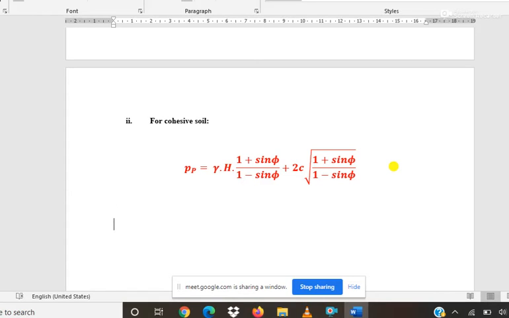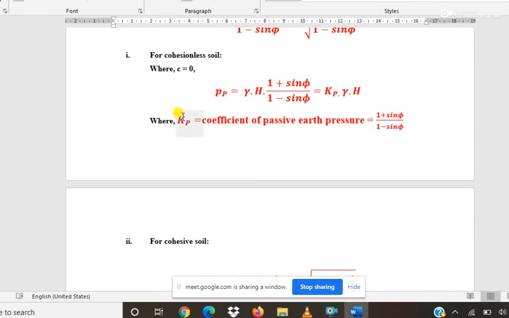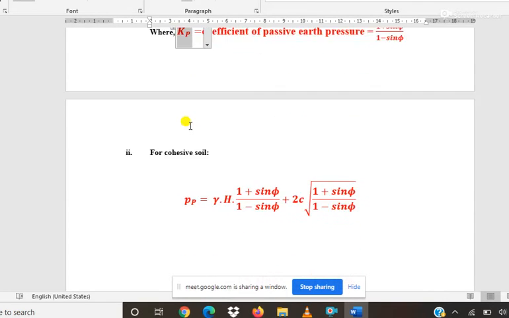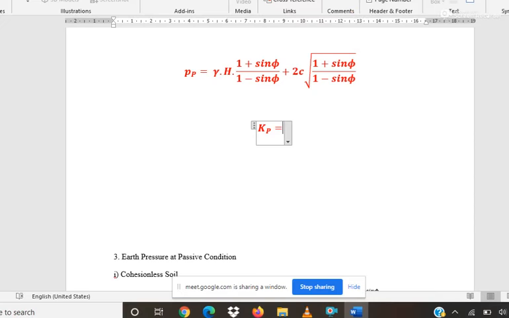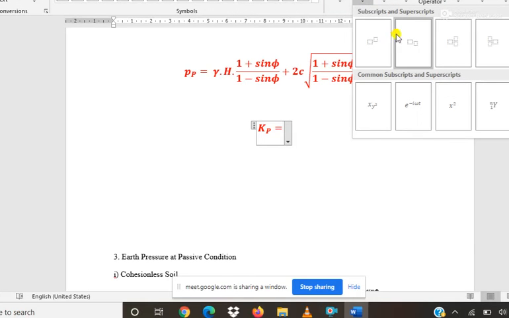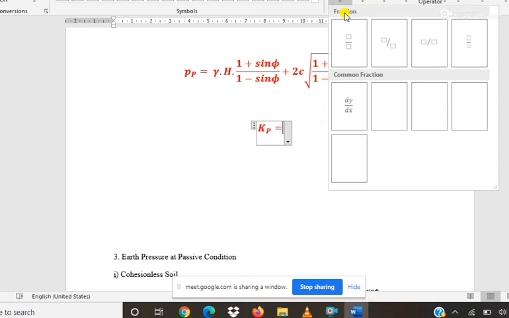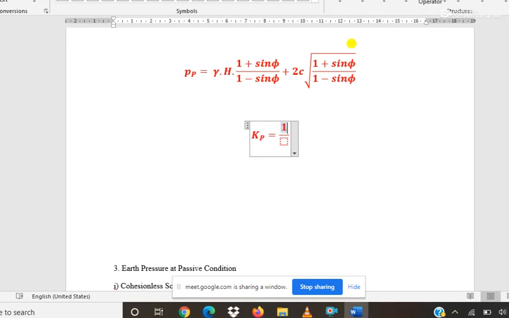Now I think you can derive the relationship between Ka and Kp, that is Kp is equals to 1 divided by Ka, that is reciprocal of one another.